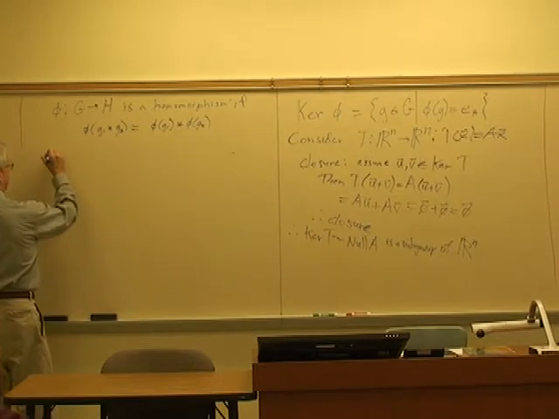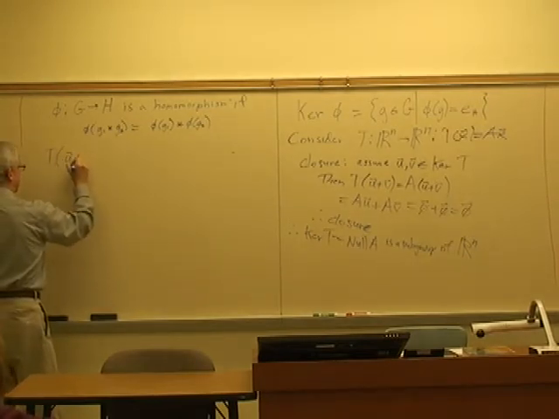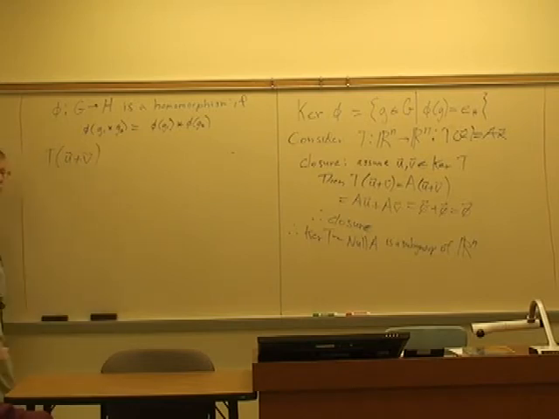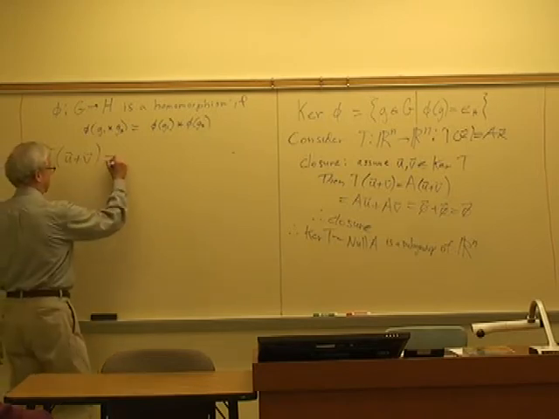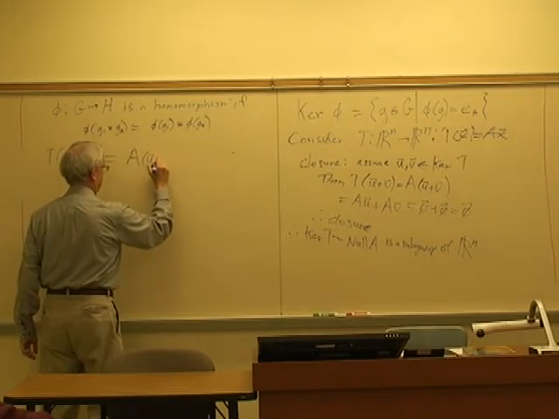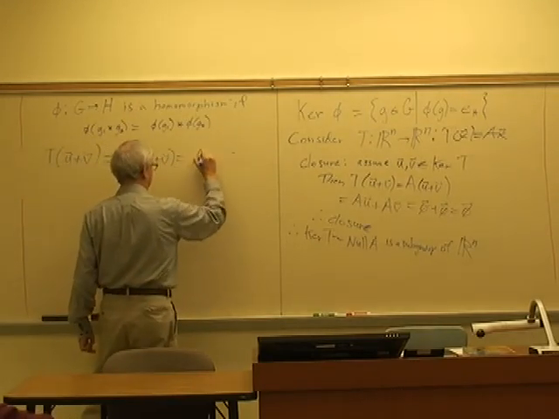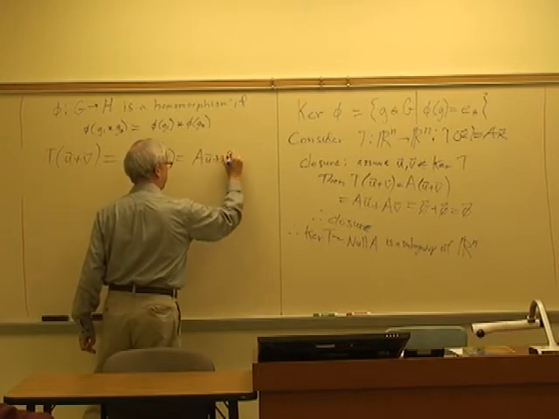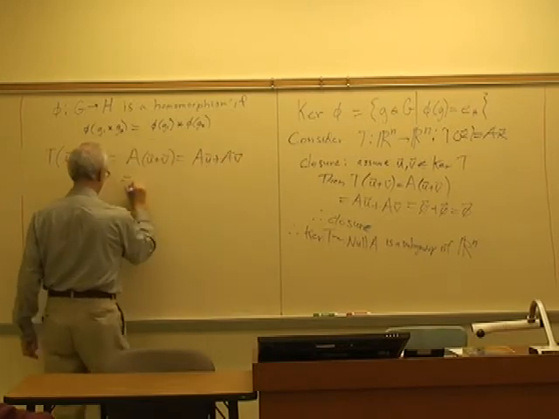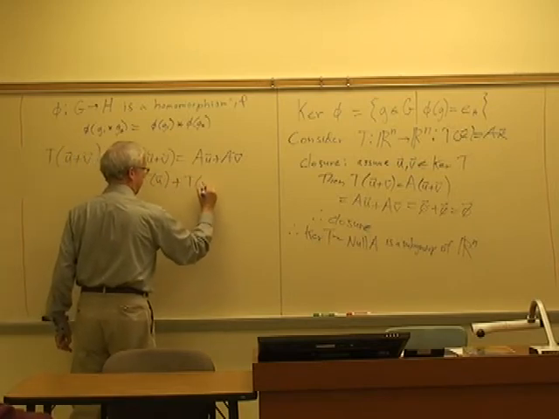So how do I prove homomorphism? I consider T of u plus v. If it's a homomorphism, what must that equal? It must equal T of u plus T of v. So that's A times u plus v, which by distribution of matrix multiplication is Au plus Av, but that's equal to T of u plus T of v.